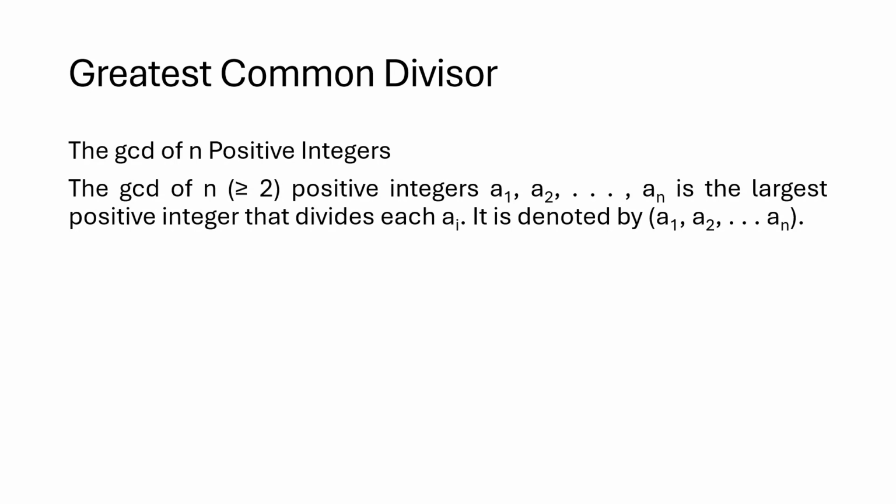The GCD of a sub 1 to a sub n is the largest positive integer that divides each a sub i. It is denoted by this. Okay, so let's have an example.